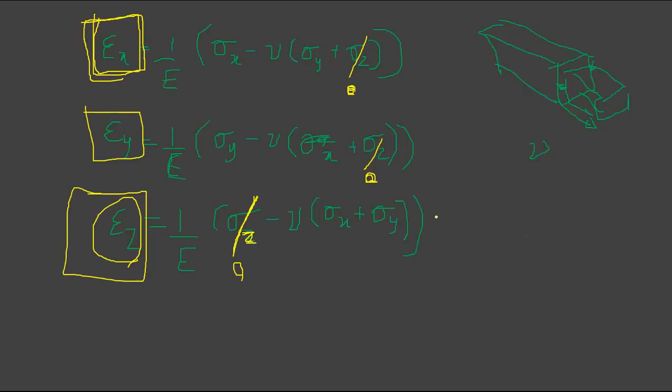So if you write it, we can write the same expression as this. Epsilon is, so using this sigma x, sigma y, you can plug it here, then you can write mu over 1 over mu.